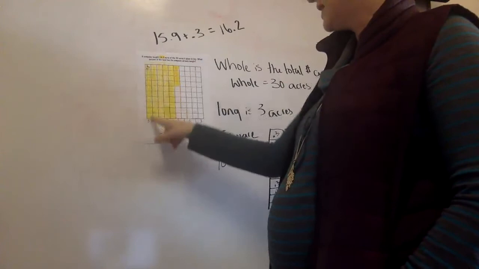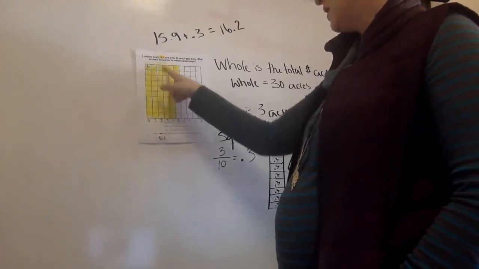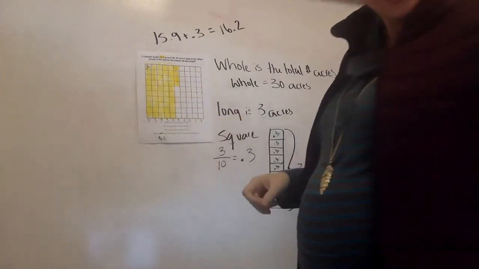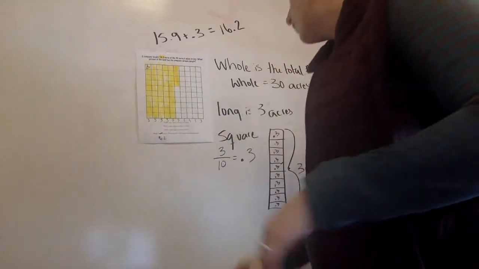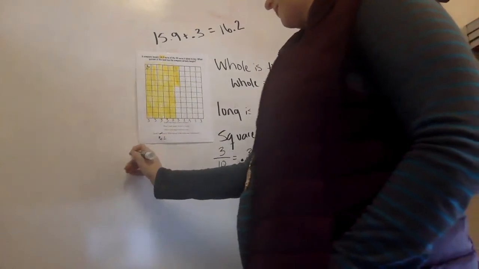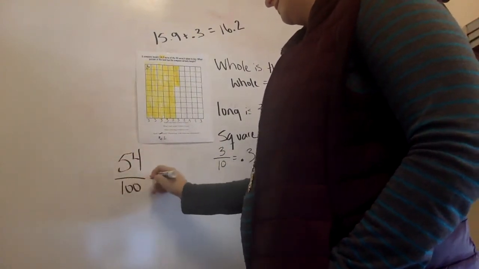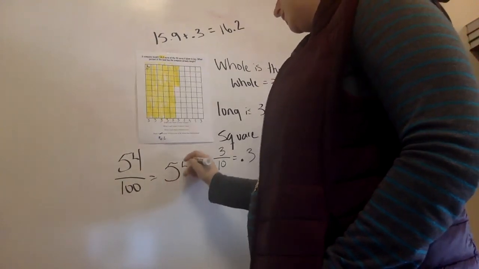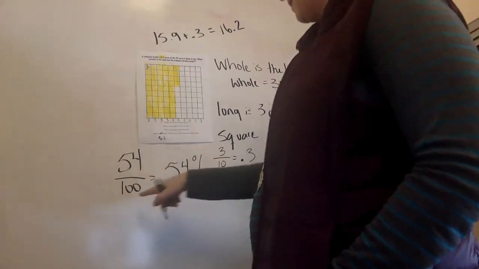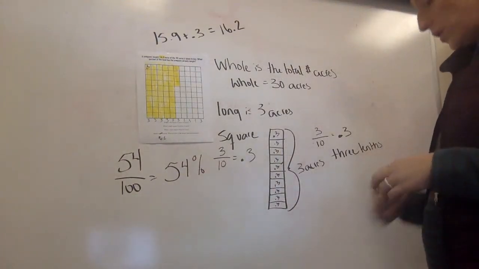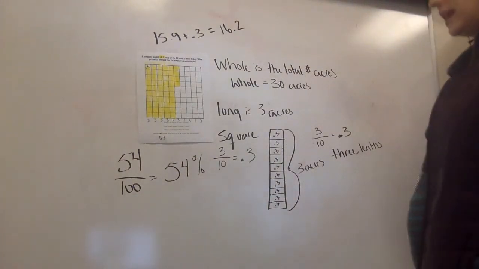Well, I have 10, 20, 30, 40, 50, 51, 52, 53, 54. So I have 54 out of 100 squares, which translates to 54%. Remember that percent means out of 100. So the company has bought 54% of the land that they need.